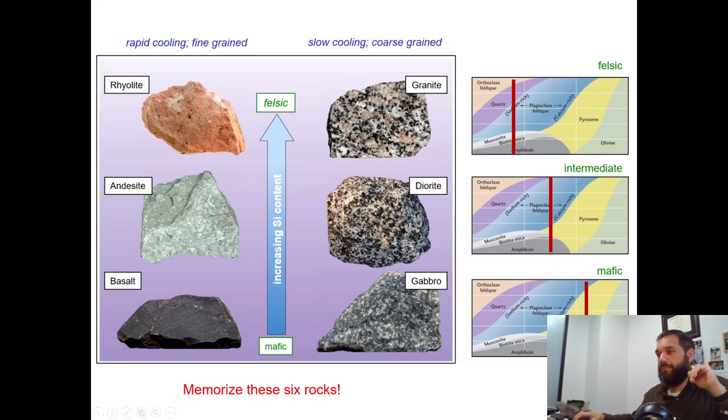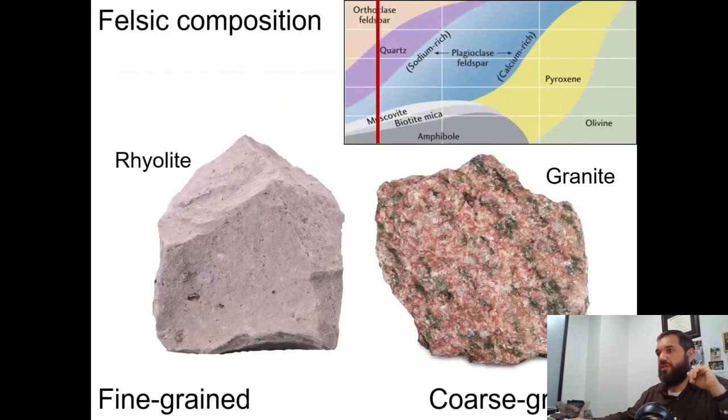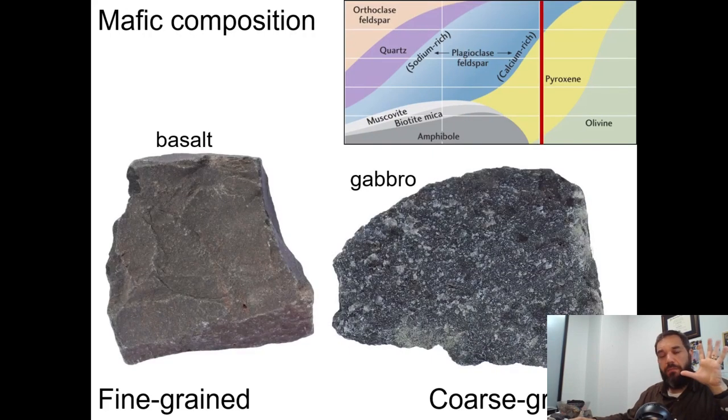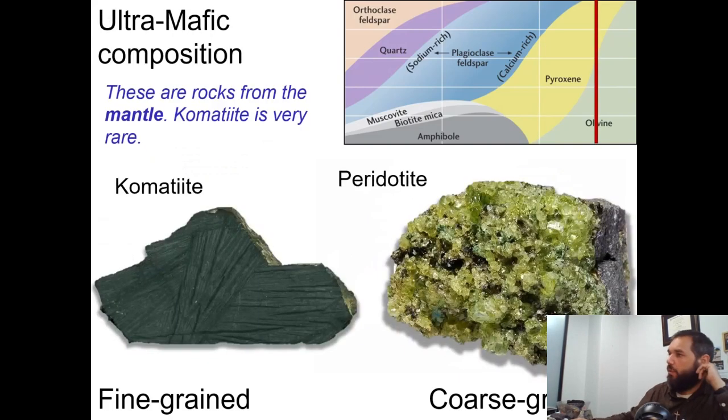For the felsic composition, rhyolite is the fine-grained and granite is the coarse-grained. For intermediate composition, andesite is the fine-grained and diorite is the coarse-grained. Finally, for mafic composition, basalt is the fine-grained and gabbro is the coarse-grained.